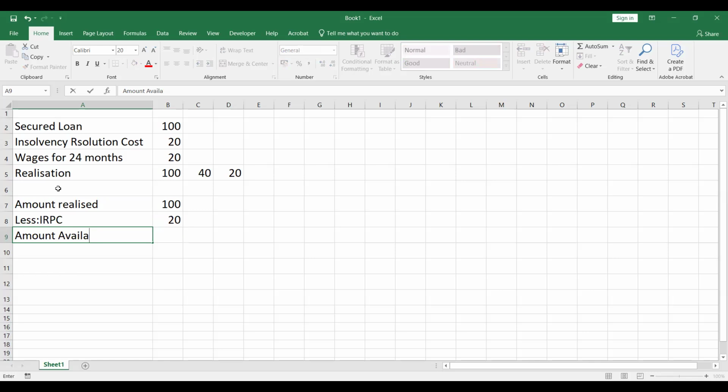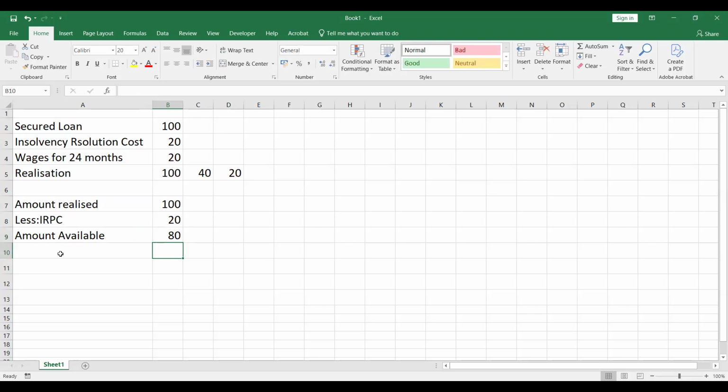Now out of 80, how much will be paid to the secured creditor? Whether the entire 80 he can take? No, in proportion. Very good.